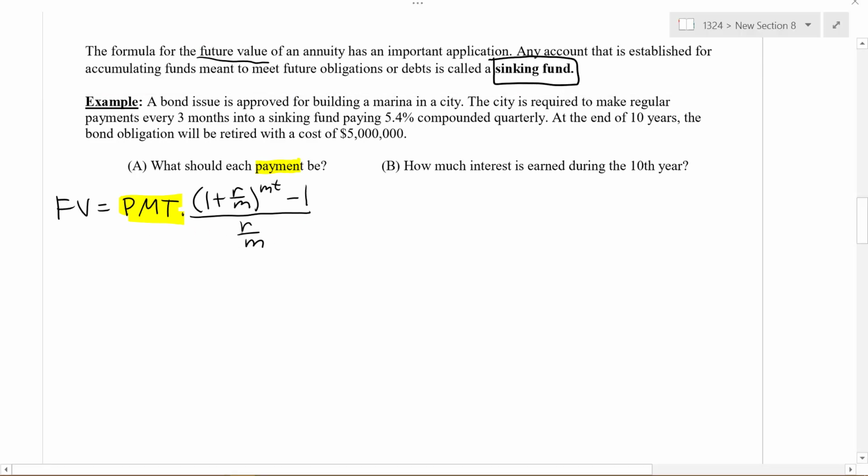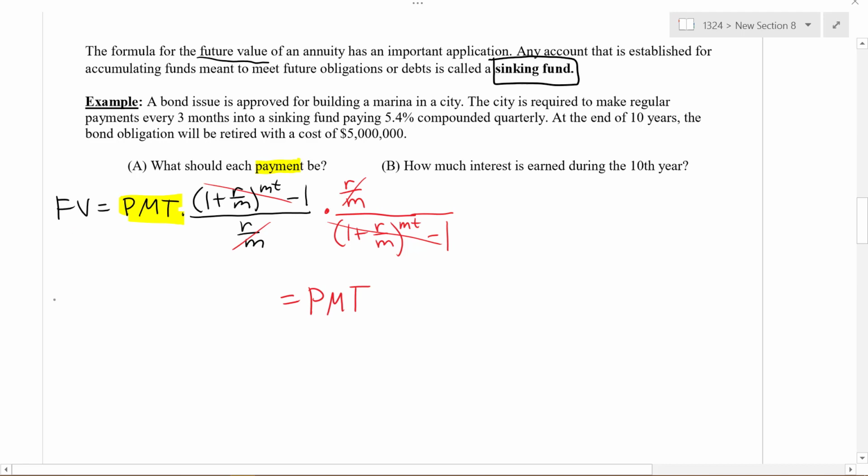To solve for payment, we want to get payment by itself on one side. We're going to multiply both sides of this equation by the reciprocal of this fraction. So I'm going to multiply by r divided by m at the top, and then 1 plus r divided by m to the mt power minus 1 at the bottom. I'm going to do that on both sides. Now when I do that, the bottom and the top of that fraction will cancel, and on the right side we're just left with payment.